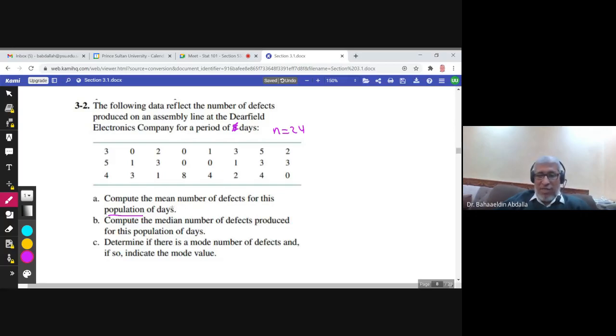Now, how to calculate the mean? Well, this is a population, so the mean is called mu, and it is the summation of x over capital N. Capital N is 24, and we add all of these numbers using the calculator.